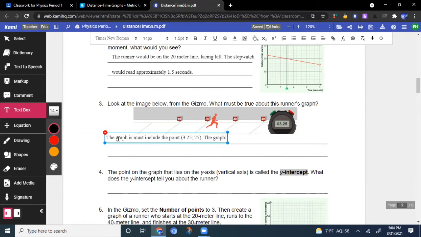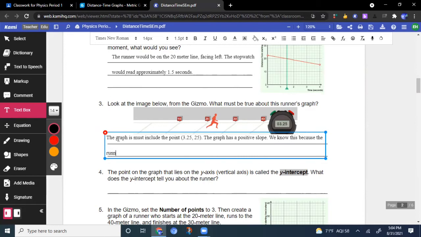The graph has a positive slope. We know this because the runner is facing right, and right is considered a positive direction.